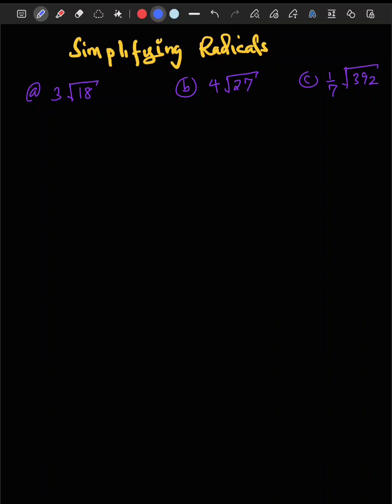So when I say, for instance, for part A, 3 radical 18, or 3 times under root 18, that's the same thing. It can be written as this.